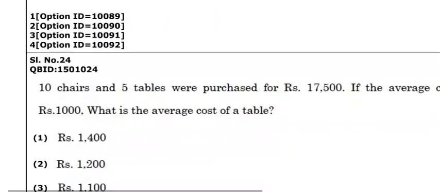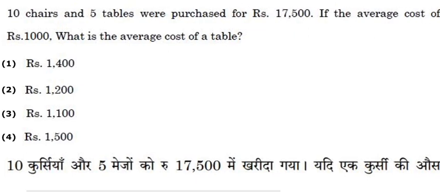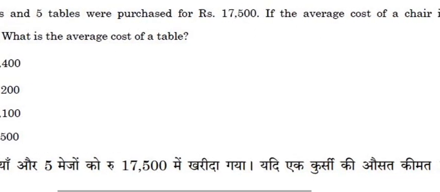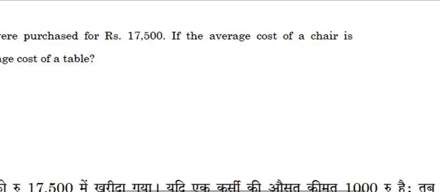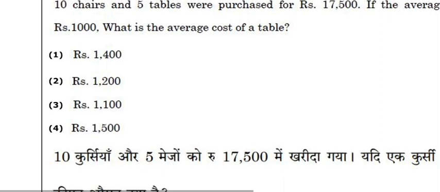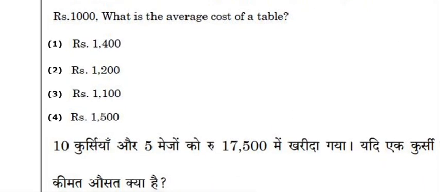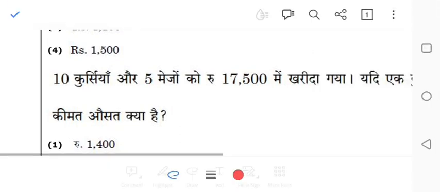Then 24, 10 chairs and 5 tables were purchased for Rs 17,500. If the average cost of a chair is Rs 1,000, what is the average cost of a table? 1400, 1200, 1100, 1500. 24, the correct answer will be 1,500 rupees.